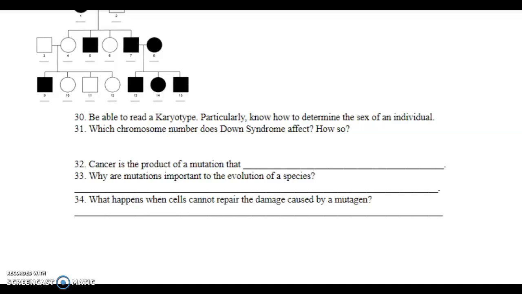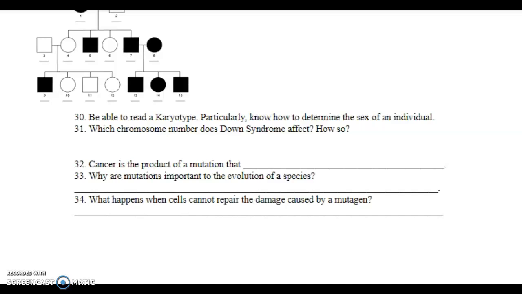And that 23rd pair, that is where you would determine the sex of the individual. That's the sex chromosomes. That's where you would find the X or the Y. You're going to need to be able to look at a karyotype and determine that individual's gender. If there is an XX, it would be a female. If it's an XY, it would be a male.